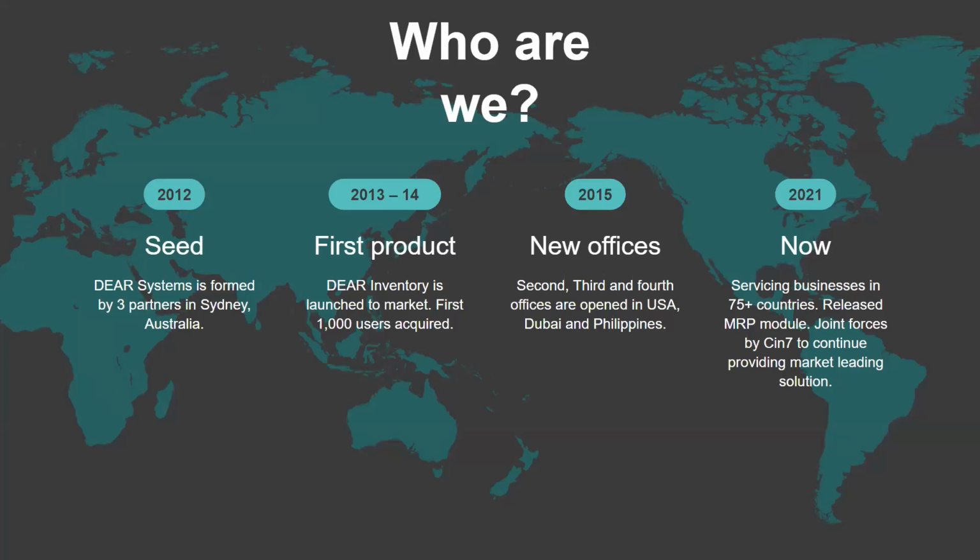We've opened up offices, but most importantly, in 2021, we've joined forces with Sin7 and we've been acquired. Now as Sin7, we've become one unified company with 3 separate app offerings: Sin7, Dia, and AutoHive. All the apps will continue to operate the same, but we'll be sharing resources.